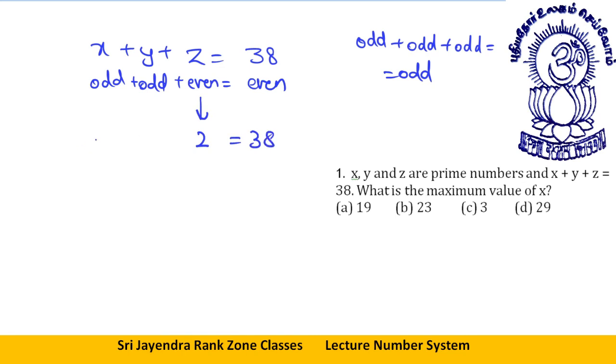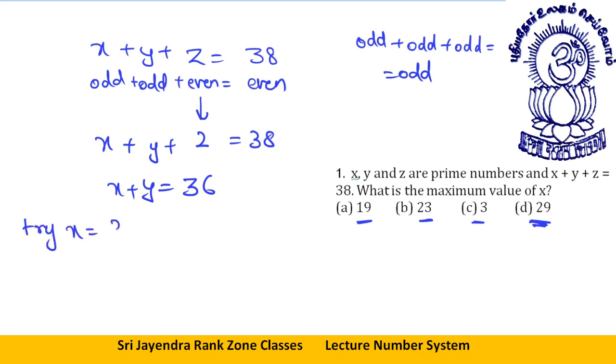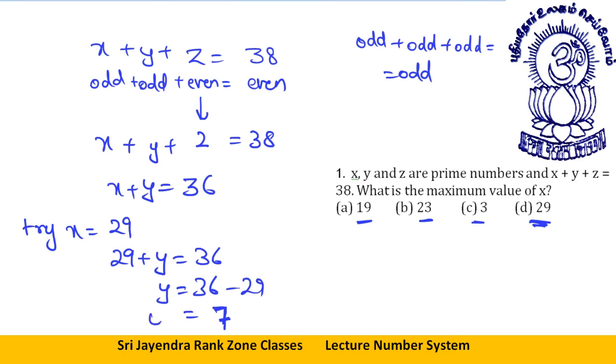Okay. Now what do I get? X plus y plus 2 is equal to 38. That way x plus y is equal to 36. Now, what is the maximum value of x? When can x be the maximum? See, let's try the maximum. Let's try 29. Try x is equal to 29. So that way 29 plus y is equal to 36. That means y is equal to 36 minus 29, that is equal to 7. So that way y is equal to 7, which is also prime.